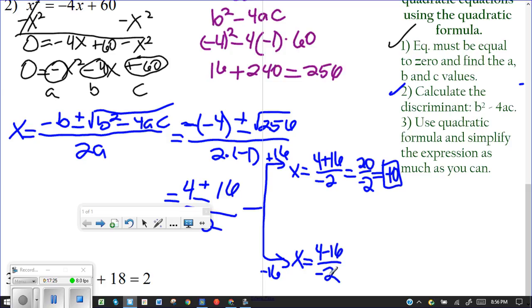Okay, now 4 take away 16 is negative 12, and that is divided by negative 2. Negative 12 divided by negative 2 will give you positive 6. So x is equal to 6 and x is equal to negative 10.